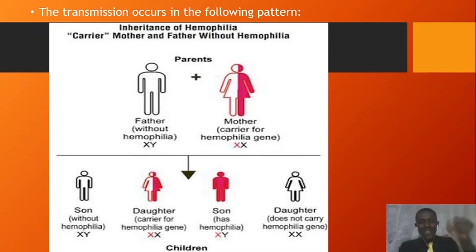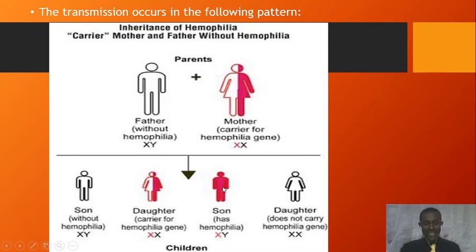But let's see how it will affect the offspring when this woman is married to a man that is not even suffering from it. Now, if you do the crosses, you're going to find out that among the children, out of 4 possible kids, you're going to have a daughter that is a carrier and a son that will suffer from it.